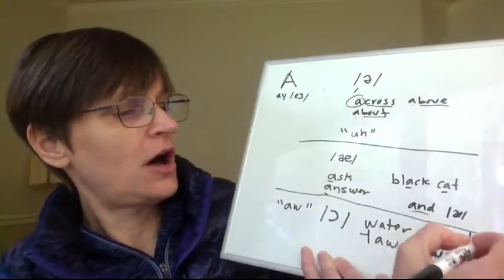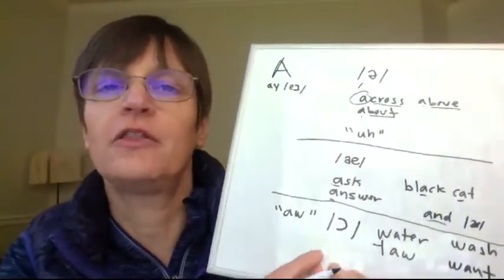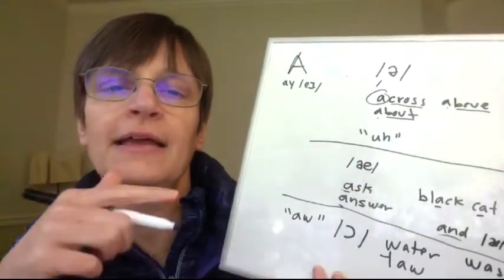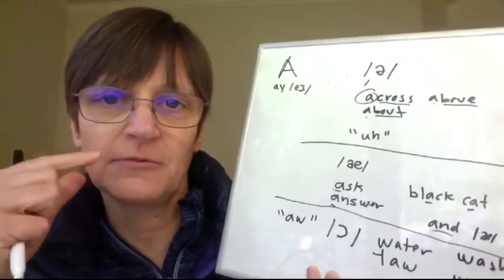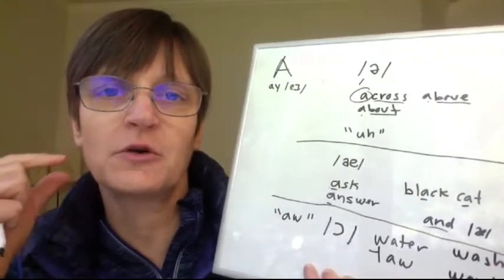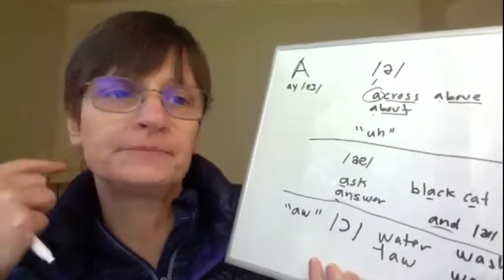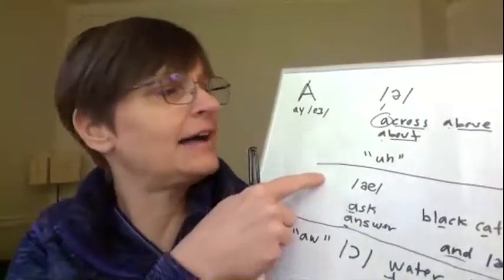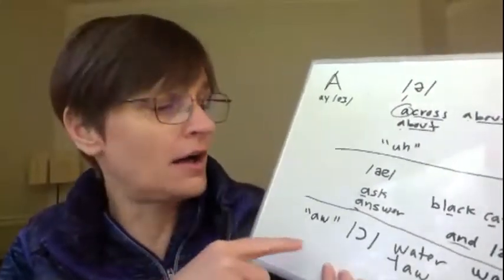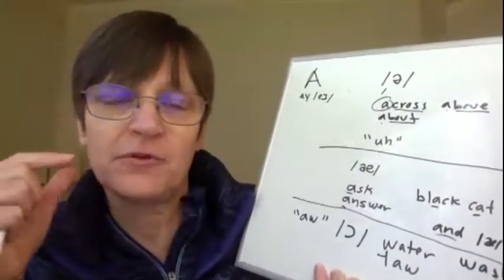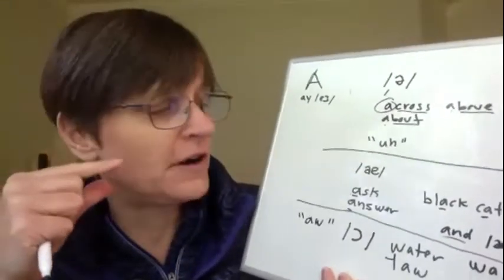And this ah vowel, I call it the caught law vowel, is a rounded vowel. My lips are round and my tongue is further back. So when I say ah, it's different than æ and it's different than schwa. So I want to think about having lip rounding and my mouth is not too far open.